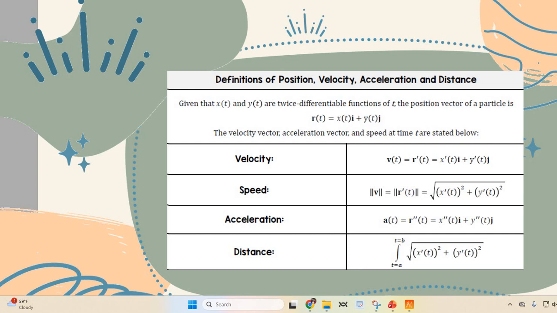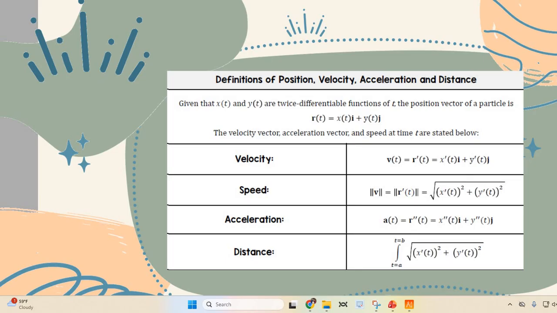And remember that we said that really all magnitude is going to be is the distance to 0,0. So it's basically our distance formula here, except we're not having to subtract anything because it's the distance to 0,0. And because from my original, it is the magnitude of velocity, we're taking the derivative of each of our parts and squaring.